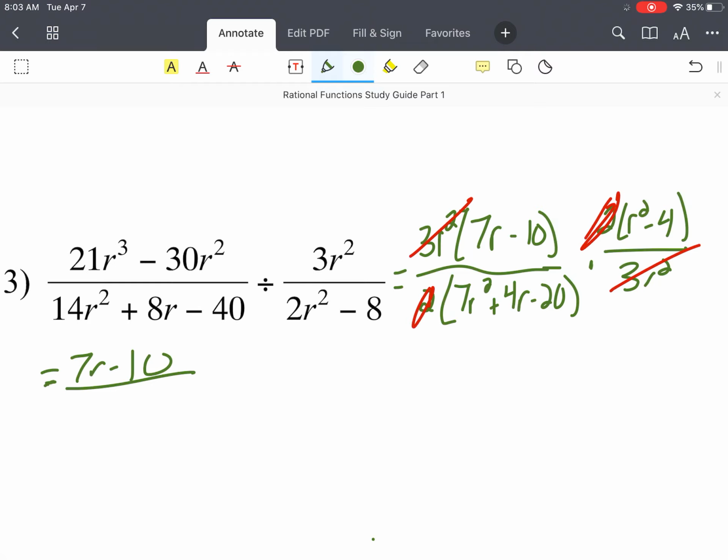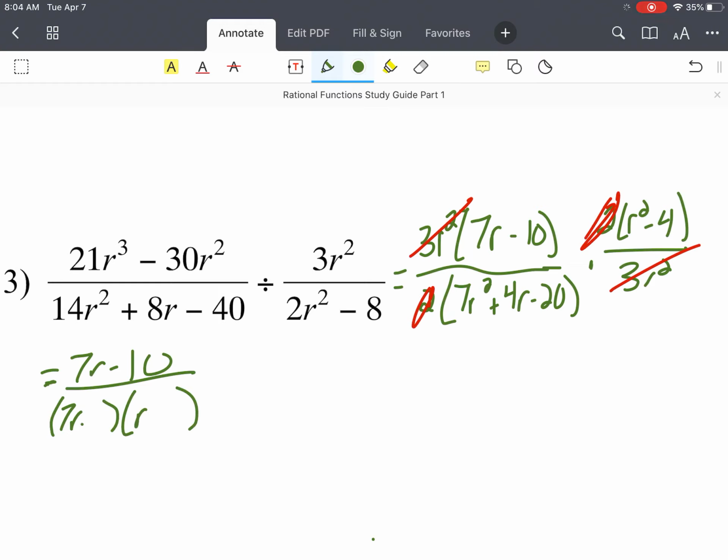So let's erase this. Now factoring this on bottom. Ooh, that's not going to be very fun, but we can do it. So there's going to be a 7r and an r. Factors of negative 20, and I'm going to have to maybe do some trial and error here. Factors of negative 20 are what?